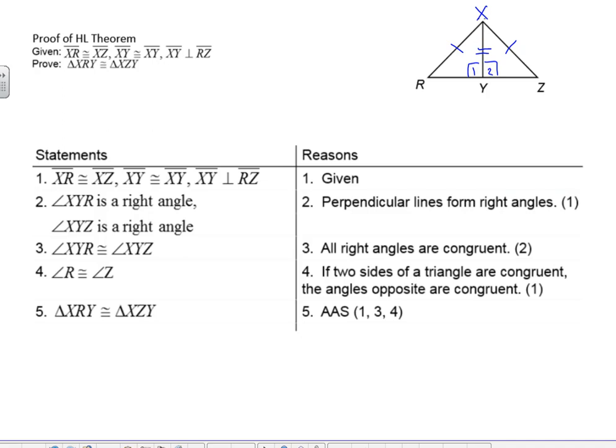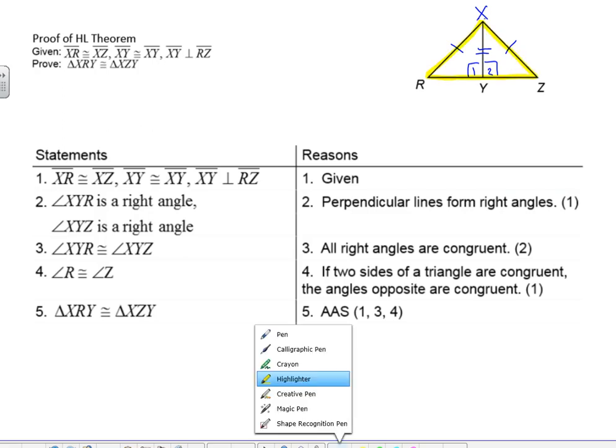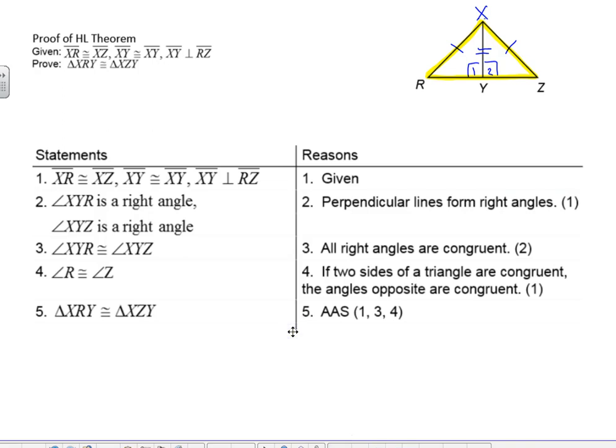In addition, this large triangle from our last lesson is an isosceles triangle. If two sides of a triangle are congruent, then the angles opposite those sides are also congruent. So this angle is congruent to that angle, and therefore the triangles are congruent by angle, angle, side.